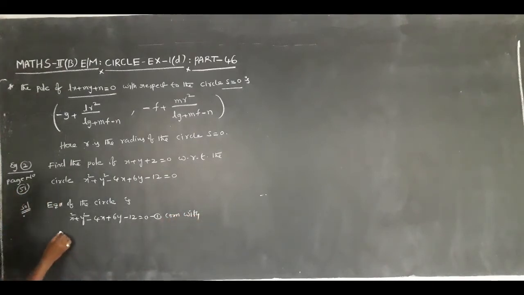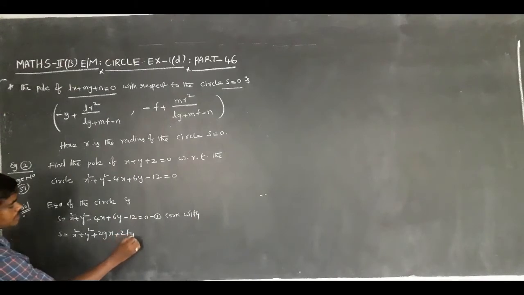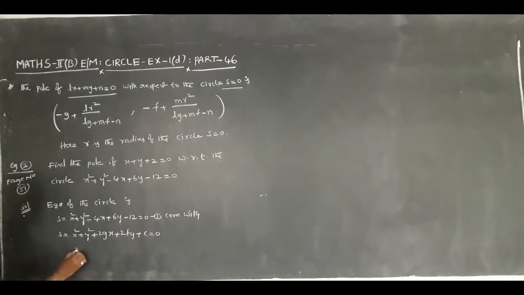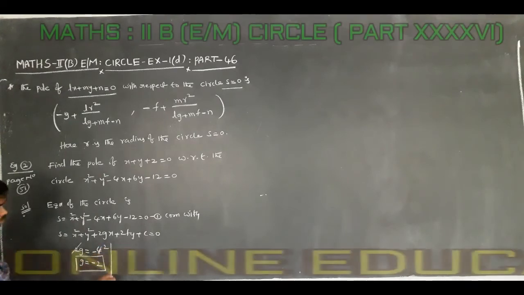Comparing with the general equation x square plus y square plus 2gx plus 2fy plus c equals 0, the x coefficient 2g equals minus 4, so g equals minus 2.